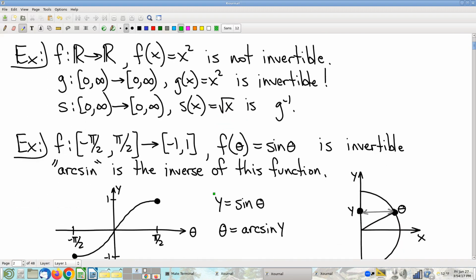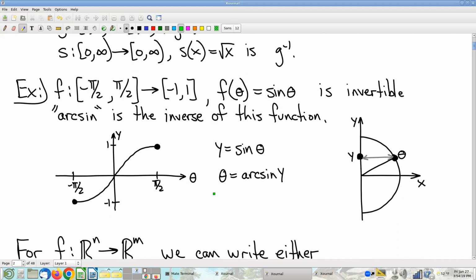Okay, same deal with sine. And a lot of people think of sine as being just a formula, and you give me any angle, and out comes some real number. Right? But if you are kind of sloppy in that way and think of it as defined on any angle, which by the way is fine, and sometimes we do need to have it defined on any angle. But if you do let it be defined for any angle and think of the outputs as just being real numbers, not invertible.